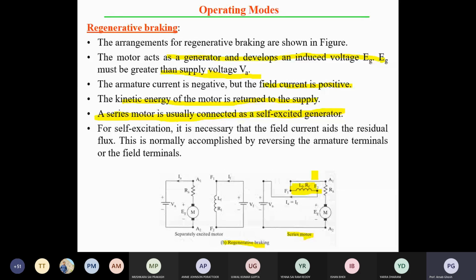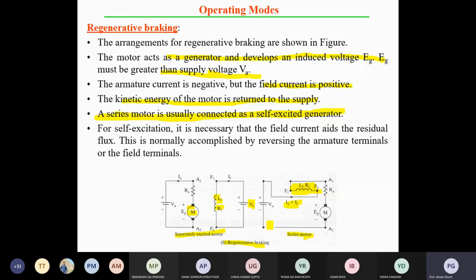You can observe here Ia equal to If and the regeneration. The motor is there with RF, LF, and VF, for the separately excited motor, and this is for the series motor. By reversing the terminals, for self-excitation the field current must aid the residual flux. This is normally accomplished by reversing the armature terminals or the field terminals.